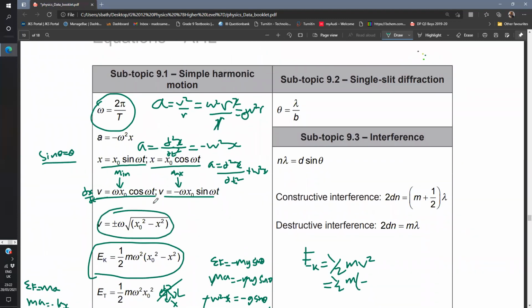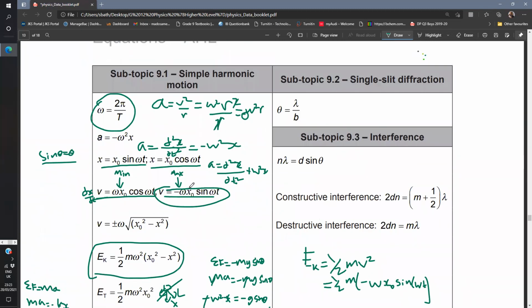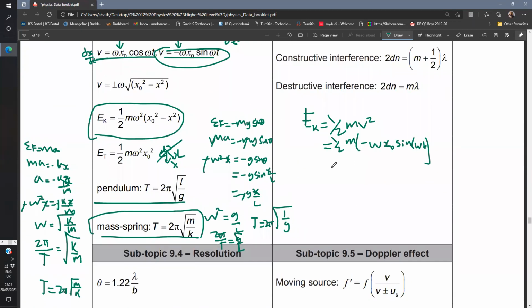It's a given formula. We don't really necessarily need to know how to derive that. So x naught sine. I actually made this one, so. Yeah, so basically, we just derive this.